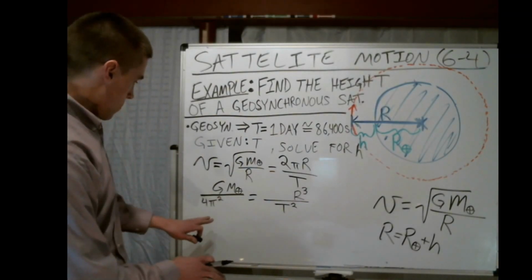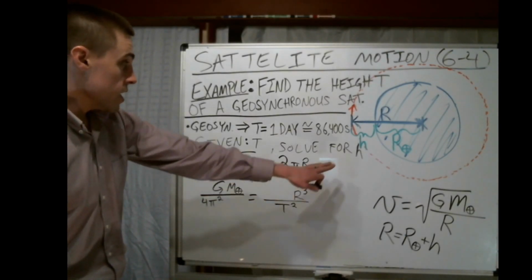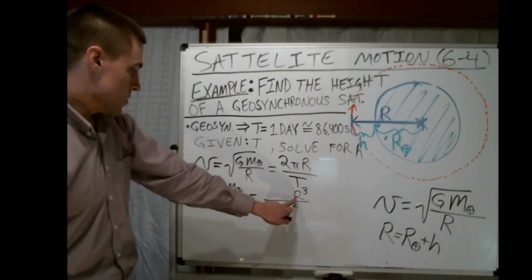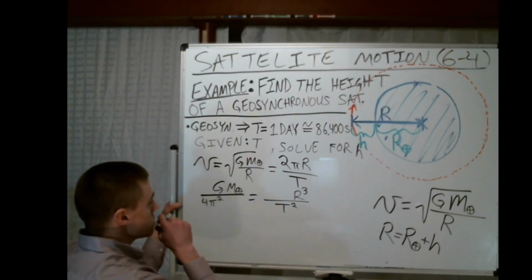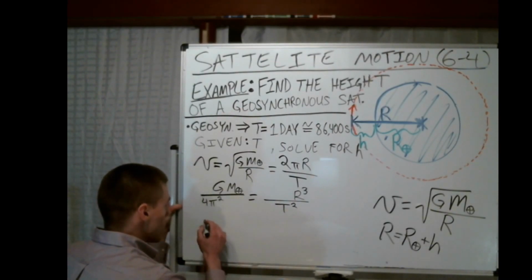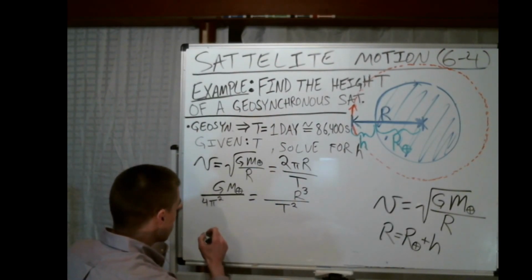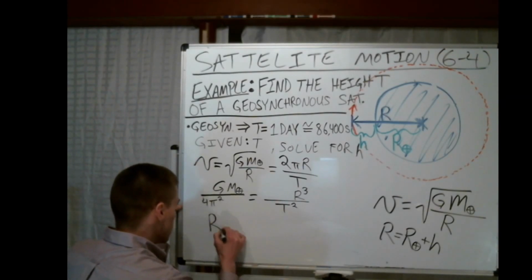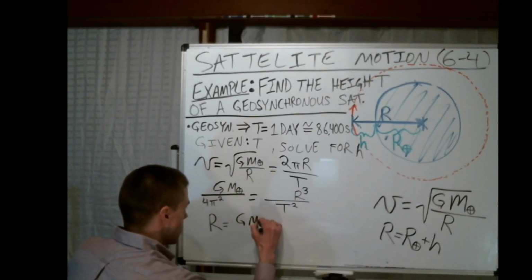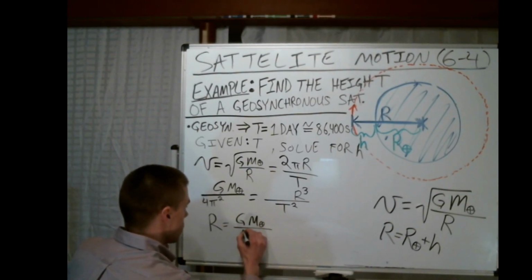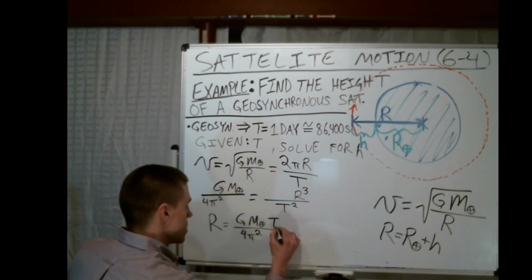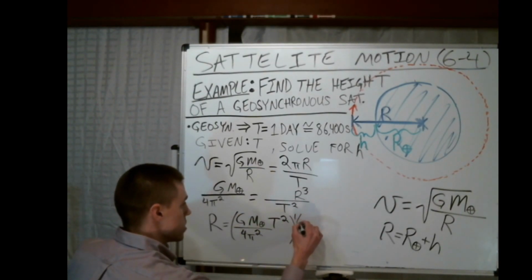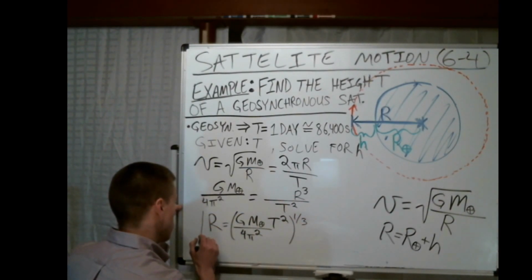The height h is what we're looking for, so we can solve for r here and then get h. If I multiply by T squared on both sides and then take the cube root, I have r equal to G M of the Earth over 4 pi squared times T squared, and the whole thing to the 1/3 power.